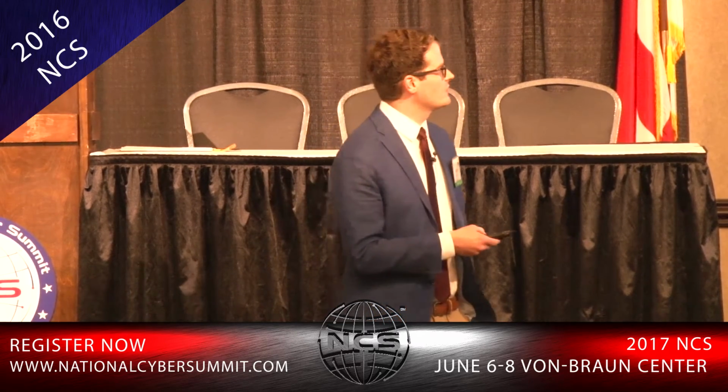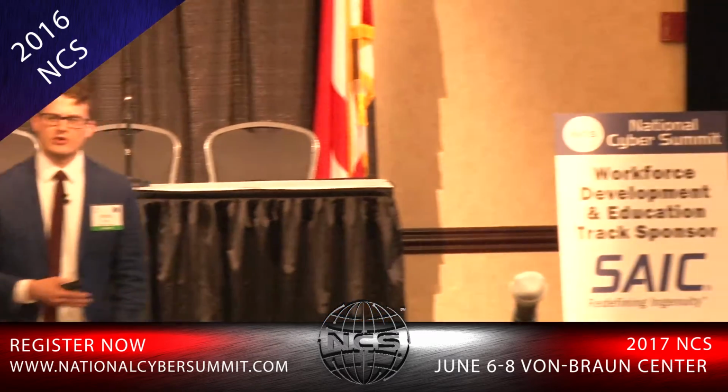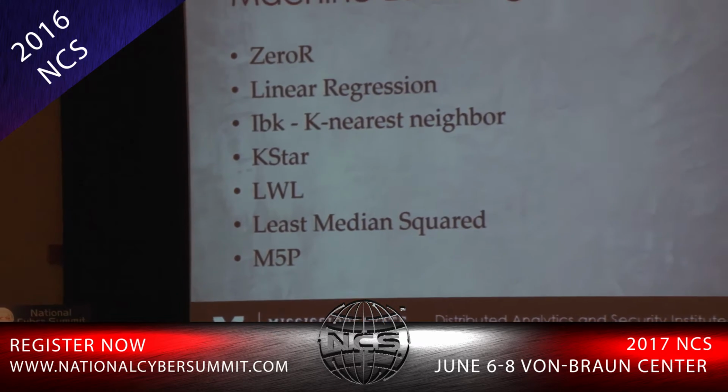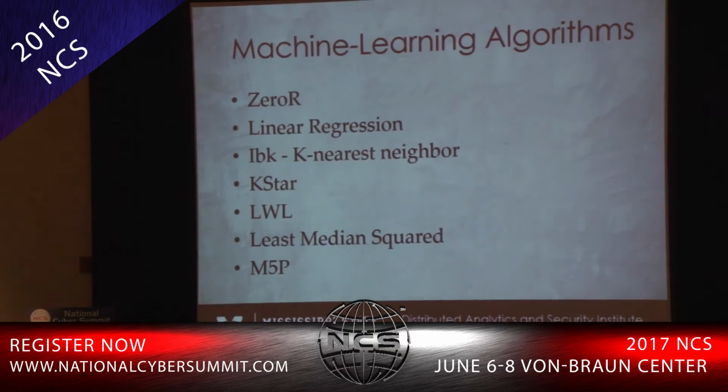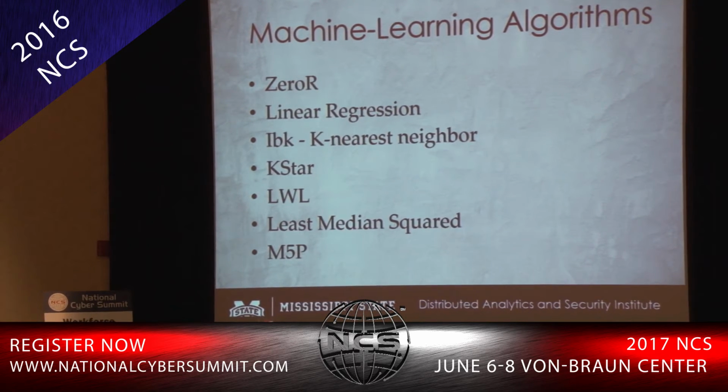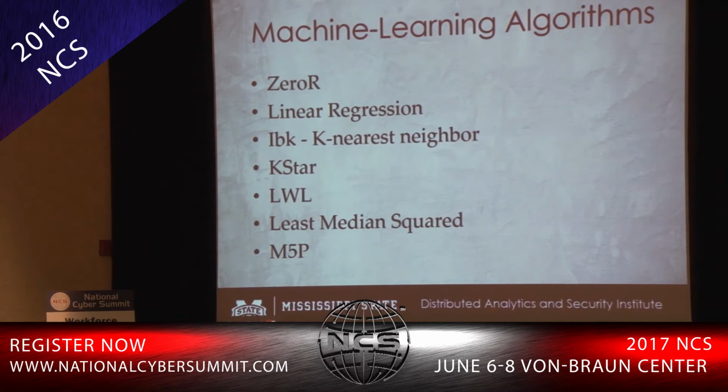And here's just a brief overview of some of the machine learning algorithms we looked at originally. We wanted to take a very broad look. So for example, the first two are more or less baselines. 0R looks strictly at a mean choice, an average choice based on the input data. And linear regression, again, is a very common, very baseline look at the regression modeling we're going to do.